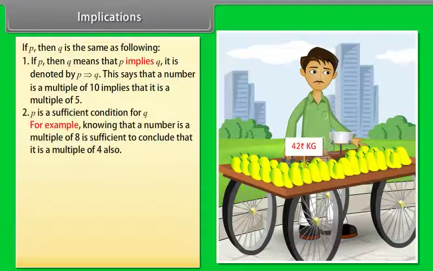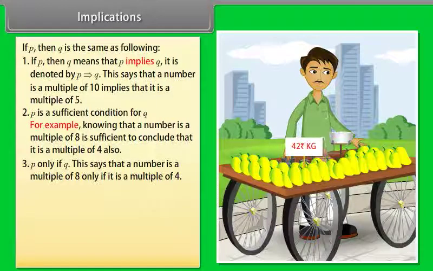P is a sufficient condition for Q. For example, knowing that a number is a multiple of 8 is sufficient to conclude that it is a multiple of 4 also. "P only if Q": this says that a number is a multiple of 8 only if it is a multiple of 4.